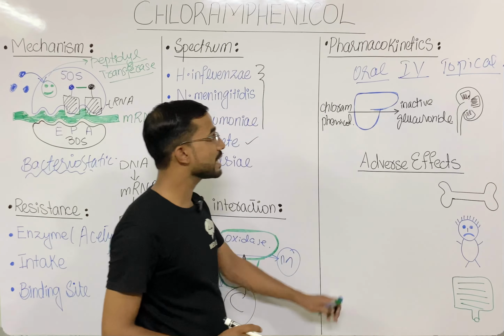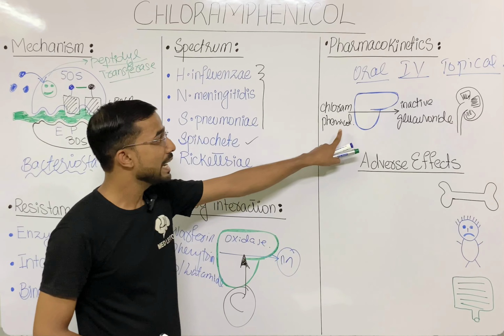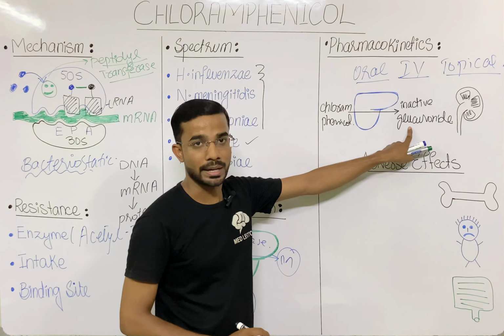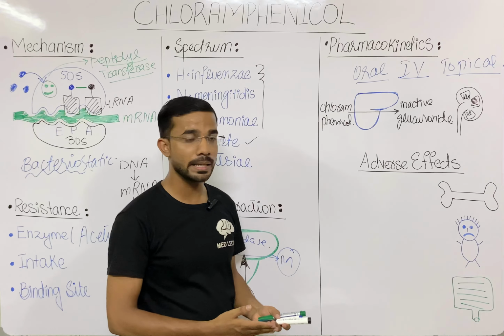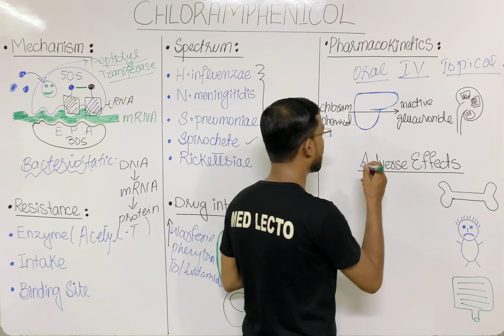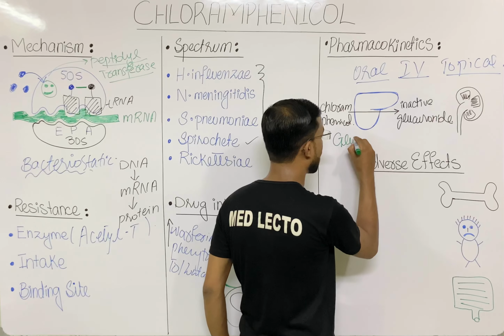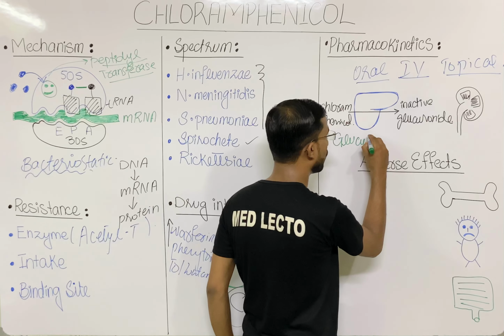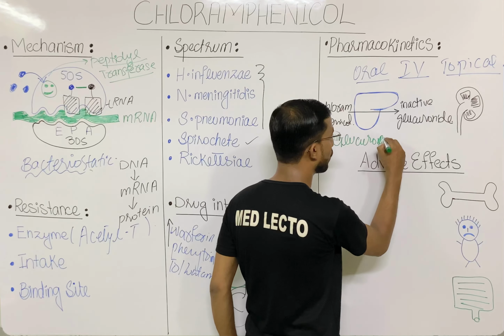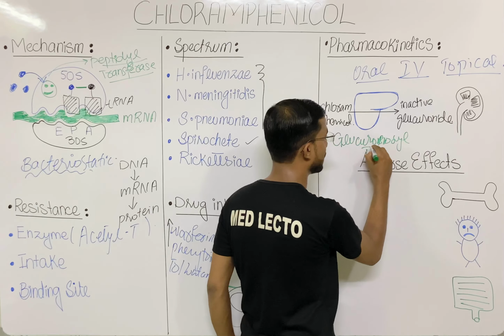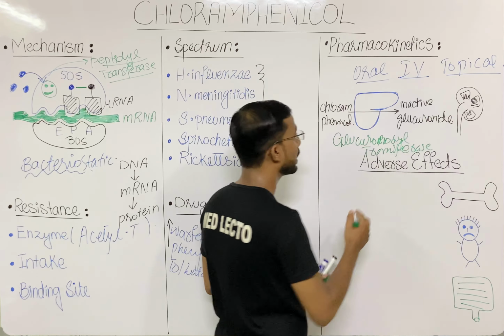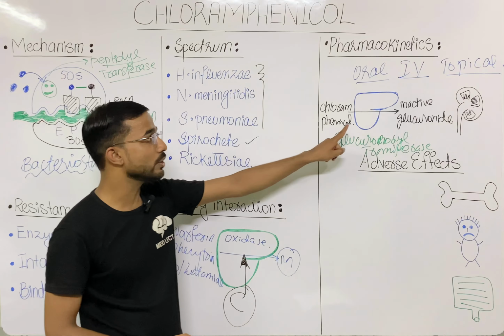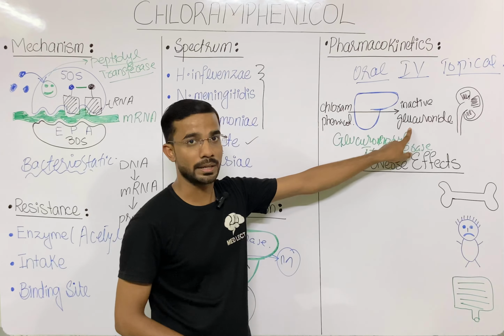Here is the conversion of chloramphenicol into the inactive glucuronide with the help of the enzyme present inside the liver, and that enzyme is called glucuronosyl transferase.